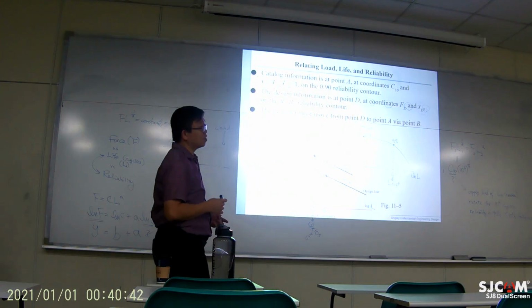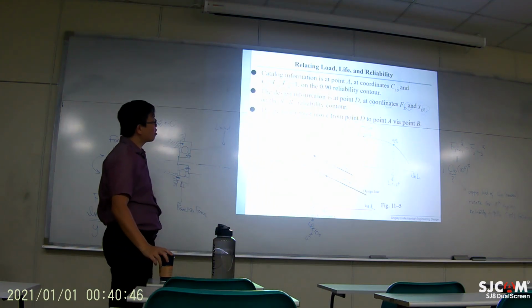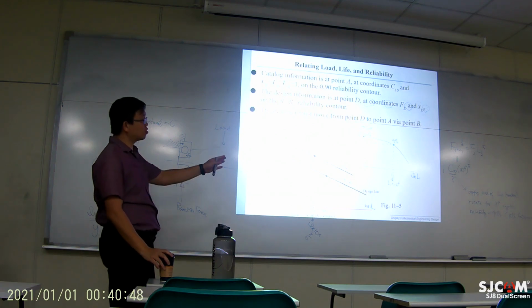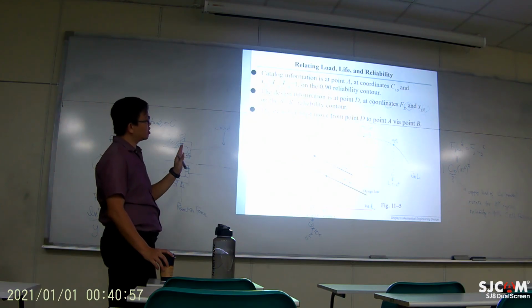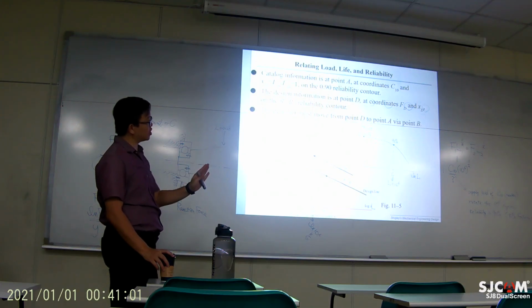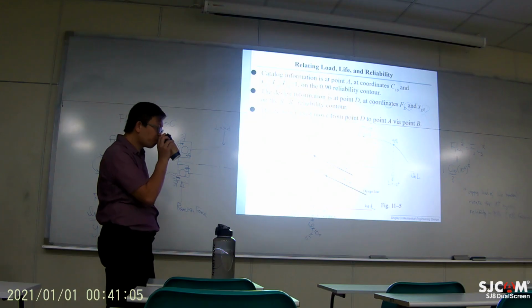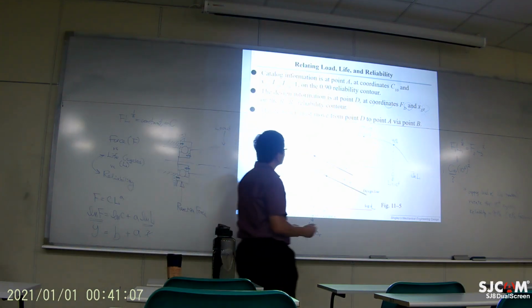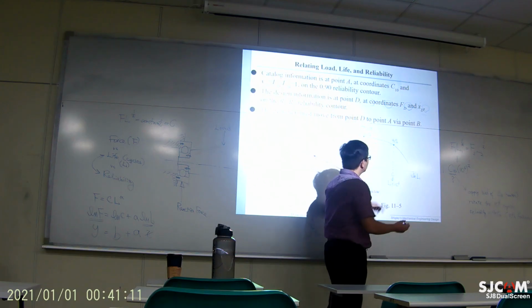If you apply the force of C10 and you start to count how many failures you have to compute the reliability, as the life, the cycles, increases, reliability gradually drops, from 100% to 90%.